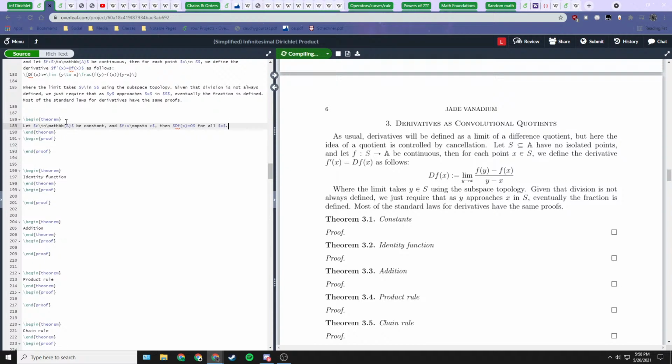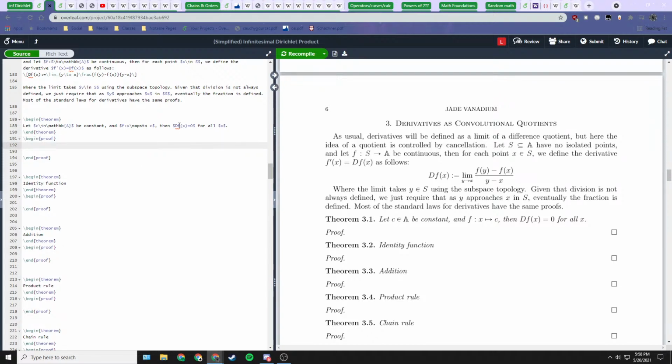This one is going to be super simple. This is the derivative of a constant is 0, and the proof is literally just one line. We have df of x is the limit as y goes to x of this fraction, c minus c over y minus x, which is 0.